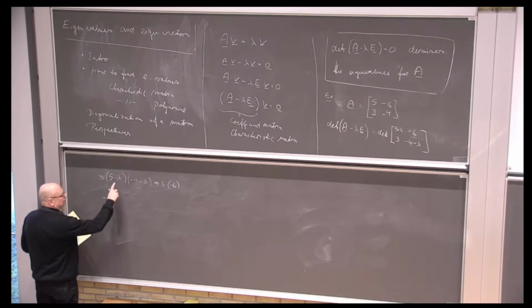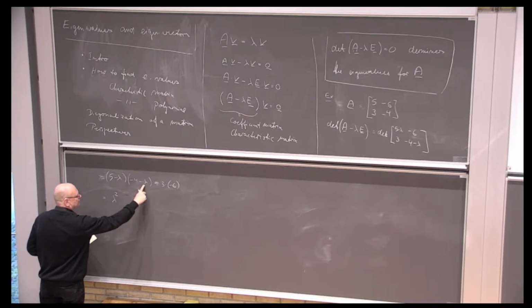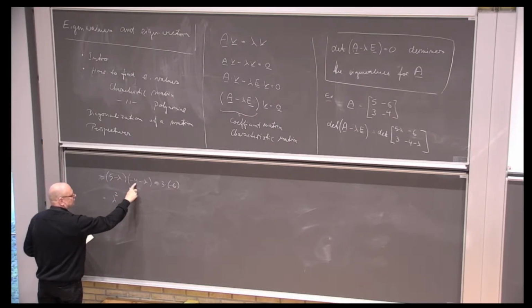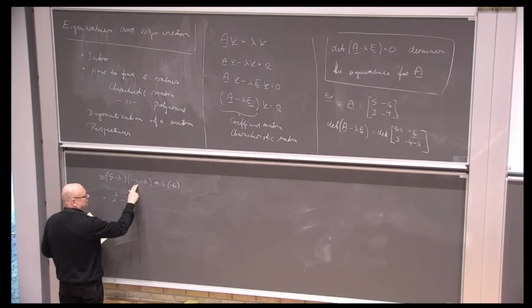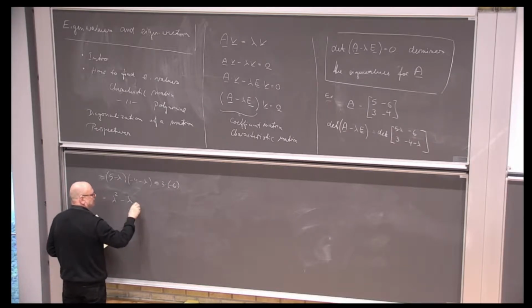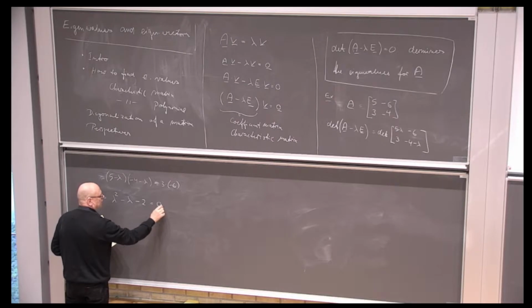And I get lambda squared, and then I get minus 5 lambda plus 4 lambda, that is minus lambda, and then I get minus 20 plus 18, that is minus 2, and I want to solve this equation.